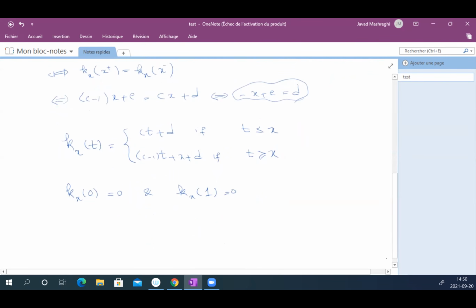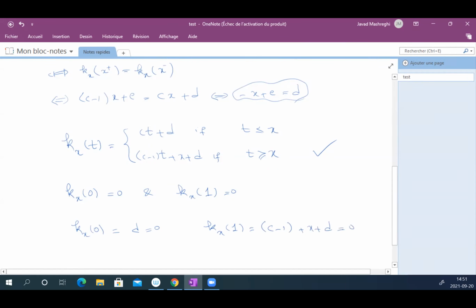And now we put it in the equation here, and we find our c and d. Kx at the point 0, for t less than or equal to x, is simply equal to d, and this has to be 0. And kx at the point 1 is c minus 1 times 1 plus x plus d.